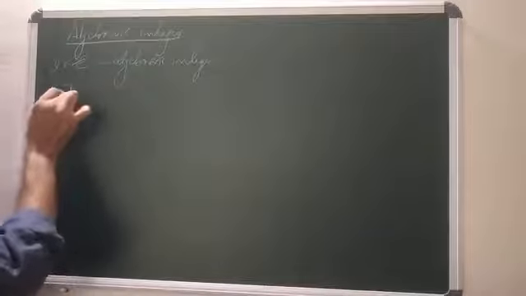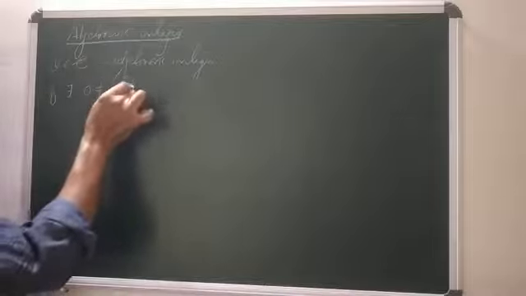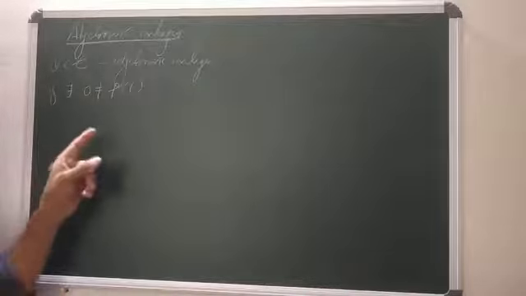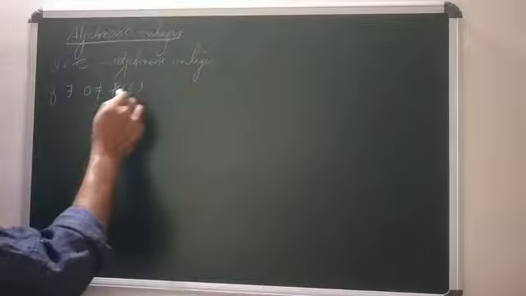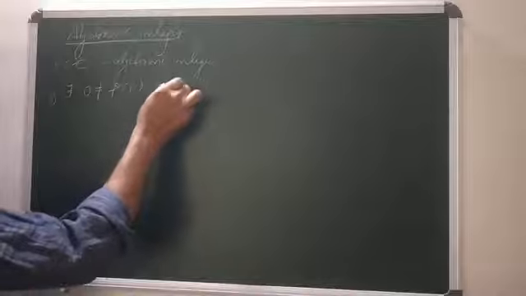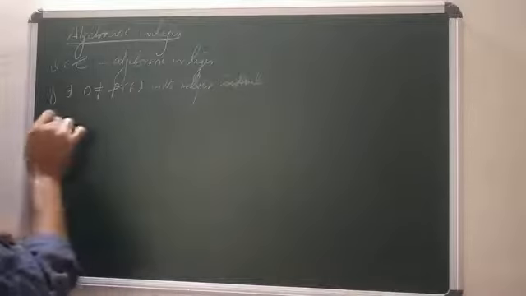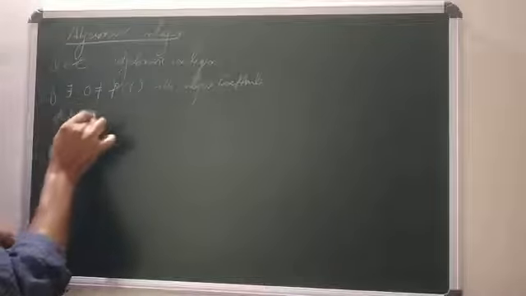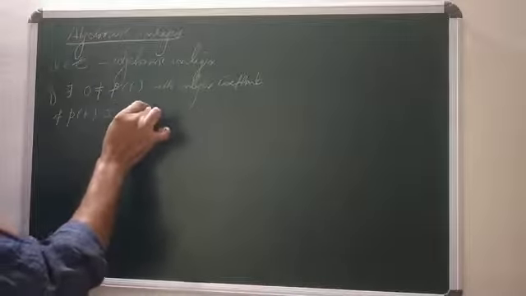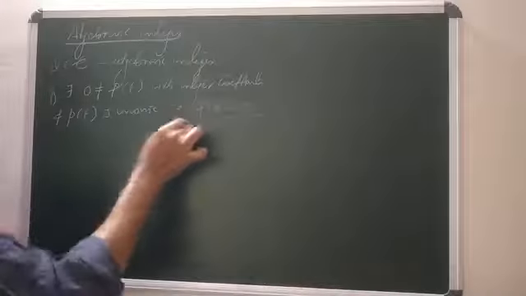there exists a non-zero polynomial p of t with integer coefficients, that is a crucial point, integer coefficients, and p of t is monic, such that p of theta equals 0.